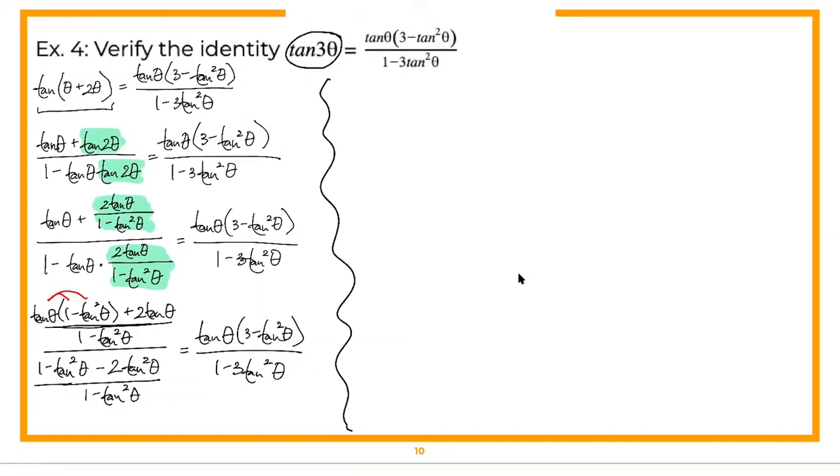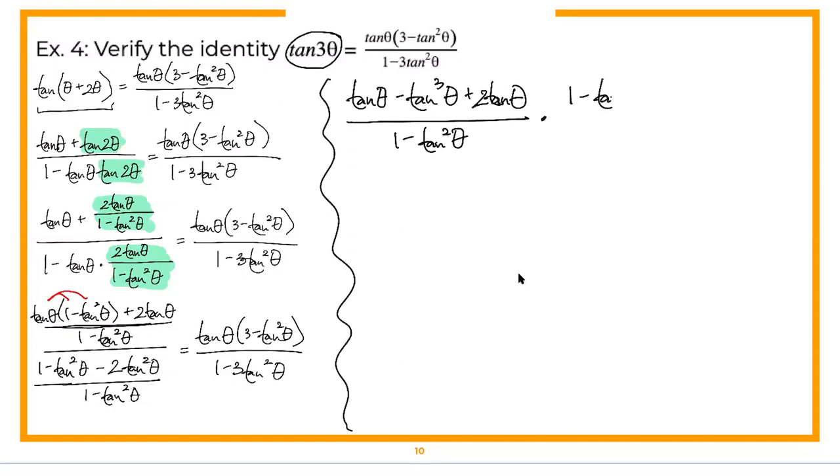So my first fraction is going to become tangent theta minus tangent cubed theta plus 2 tan theta over 1 minus tan squared theta times the reciprocal of the bottom, so 1 minus tangent squared theta over 1 minus, let's combine those, 3 tangent squared theta. And we want that to equal the right-hand side.